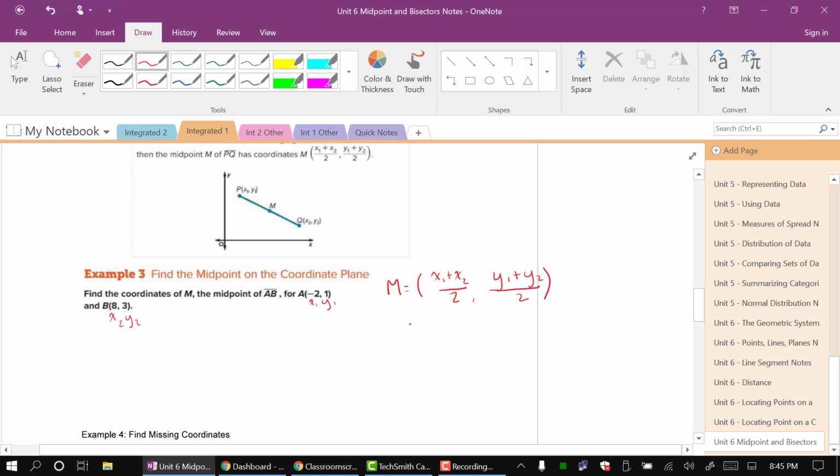So plug in the values that we have. x1 is -2 plus 8 divided by 2. y1 is 1 plus 3 divided by 2. -2 plus 8 is 6 divided by 2. 1 plus 3 is 4 divided by 2. 6 divided by 2 is 3. 4 divided by 2 is 2. So the midpoint of line segment AB is going to be at 3, 2.